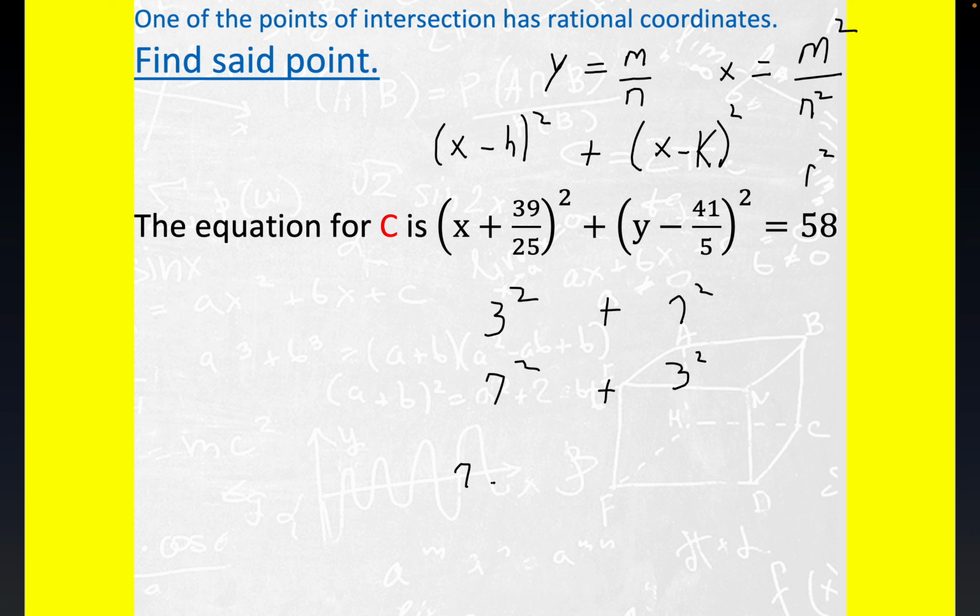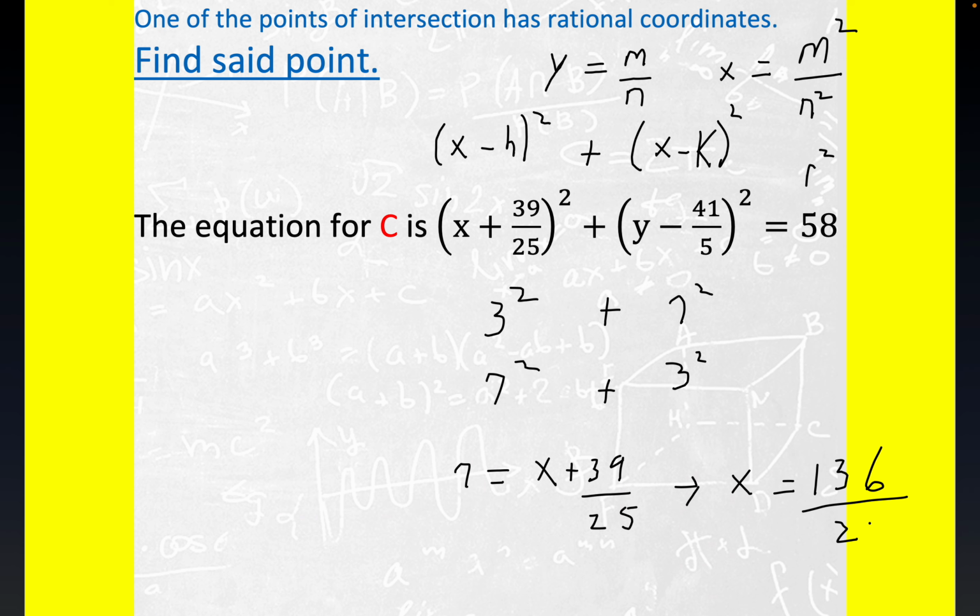7 equals x plus 39 over 25. Now, what does that imply? If you subtract 39 over 25 from 7, 7 is 175 over 25, so this would imply that x is equal to 136 over 25, if I did the arithmetic correctly.